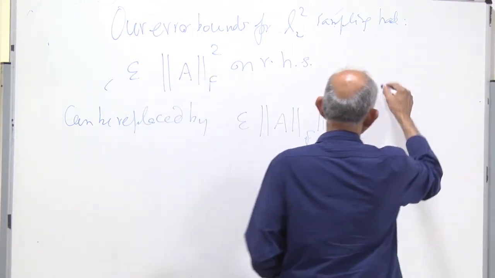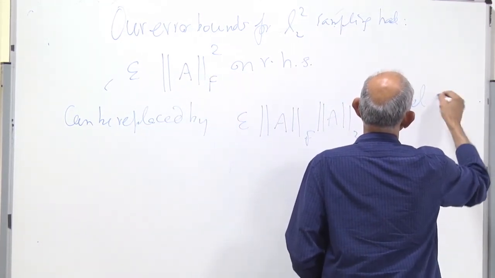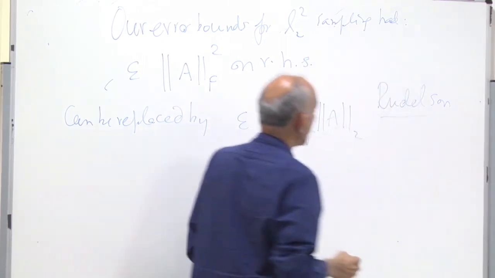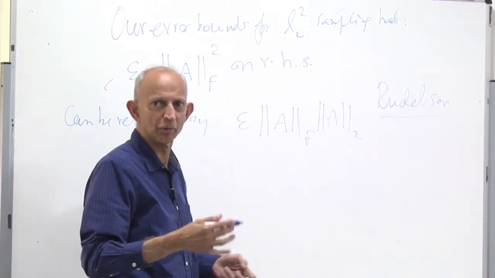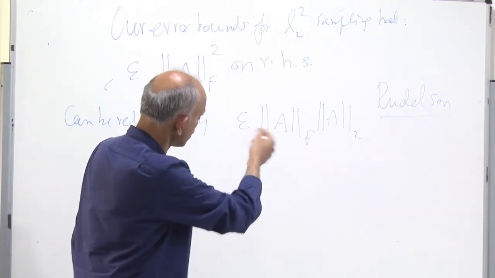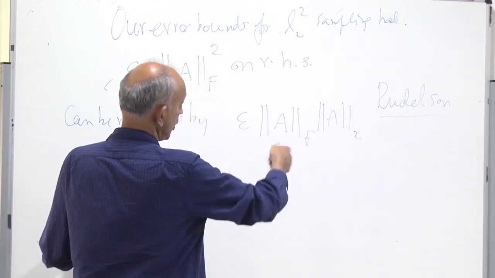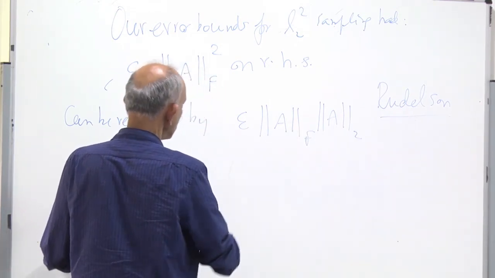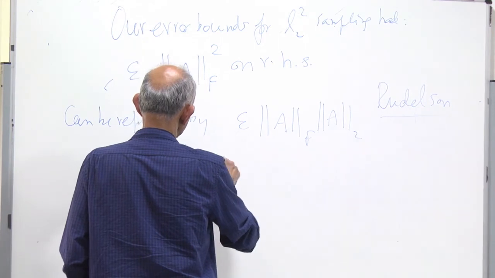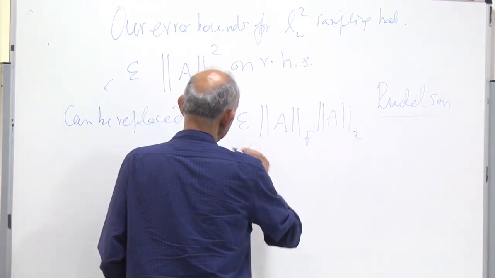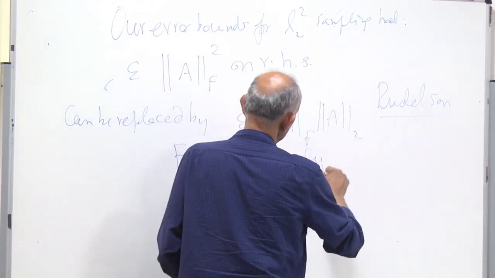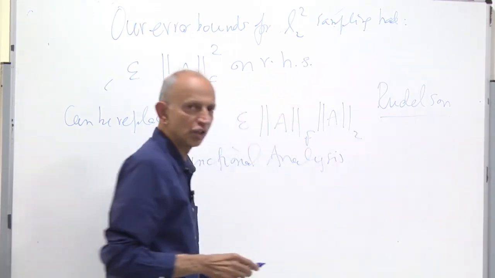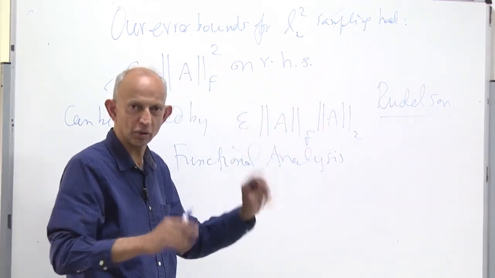This is a theorem due to Rudelson, which came about maybe 5-6 years after the original paper, after our paper. But this uses a nice bit of functional analysis. It's not simple. There are slightly simpler proofs of this, but it's still not simple.